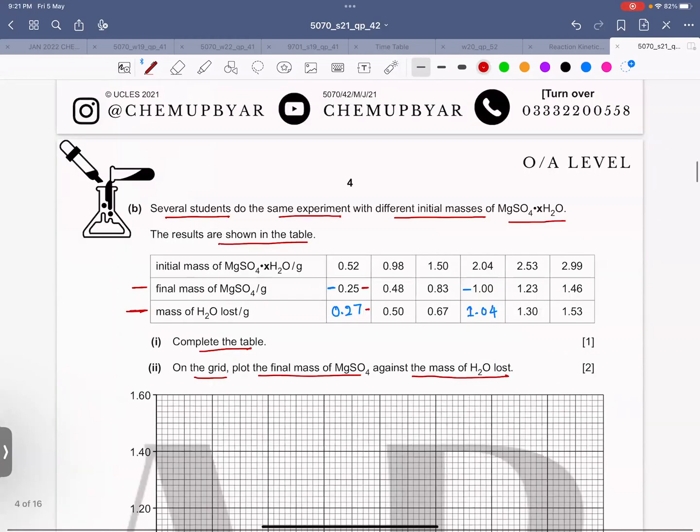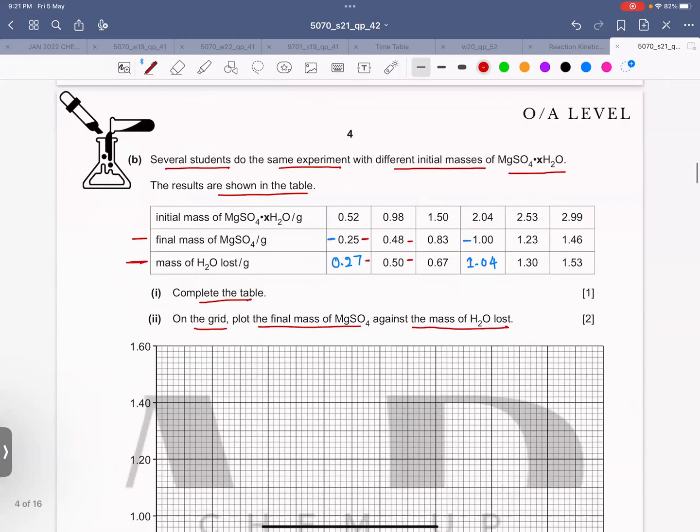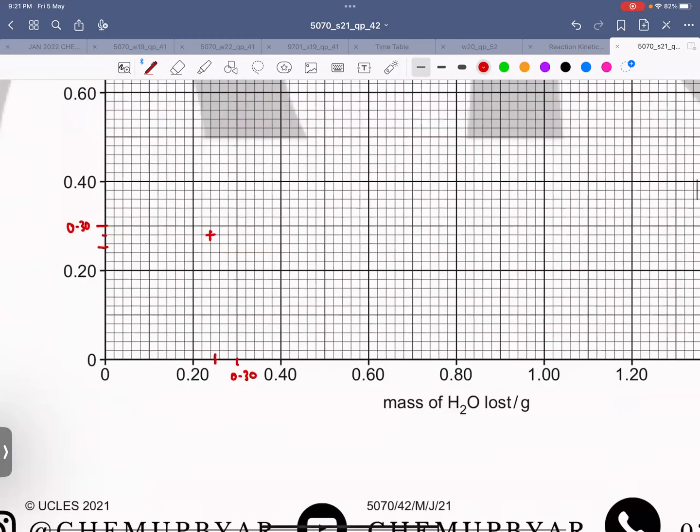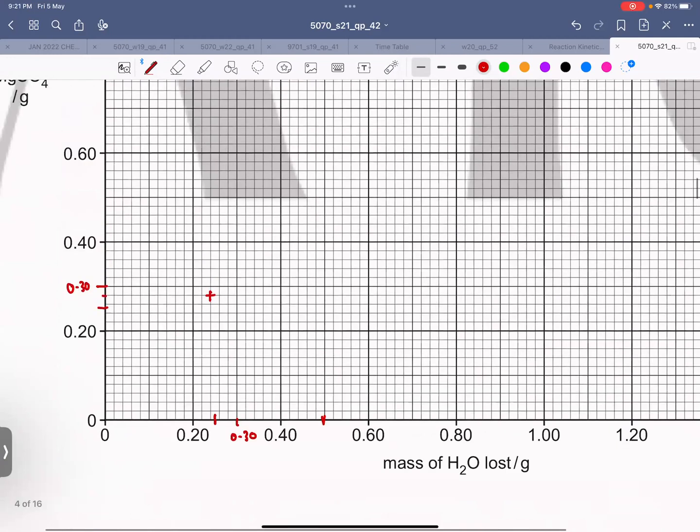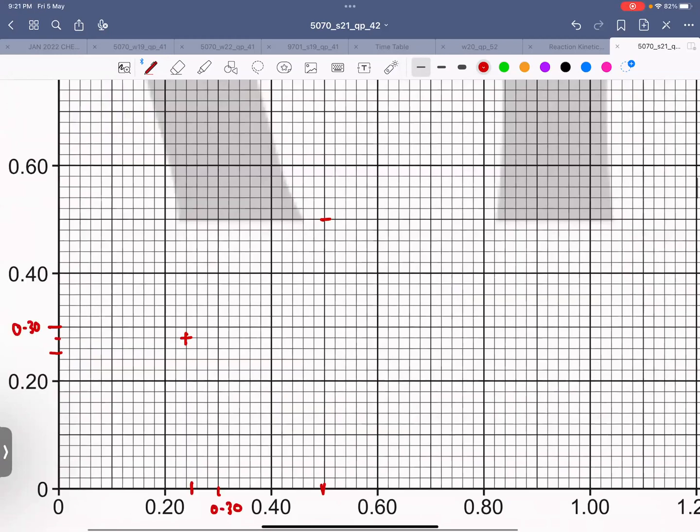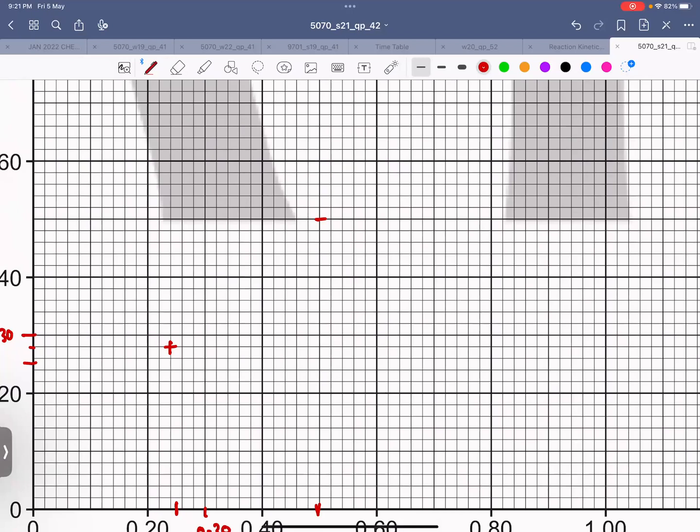Then 0.50 and 0.48. Okay, 0.50 is over here and 0.48 would be over here.